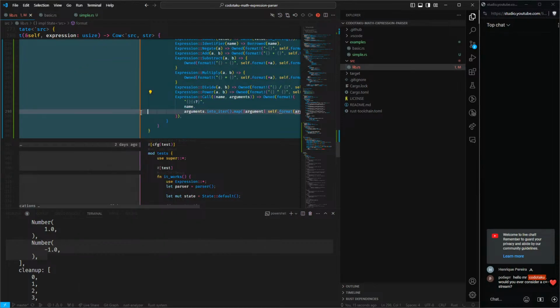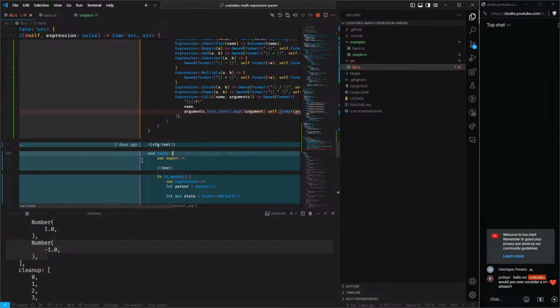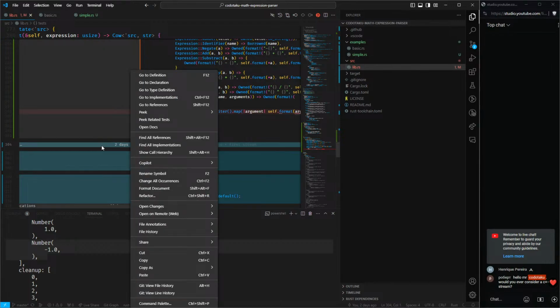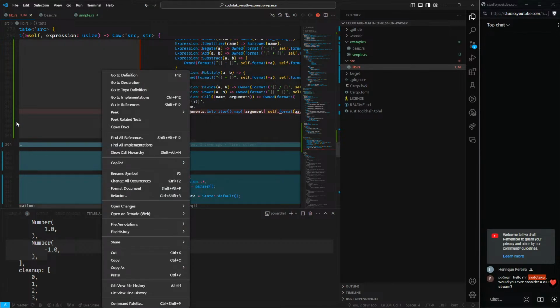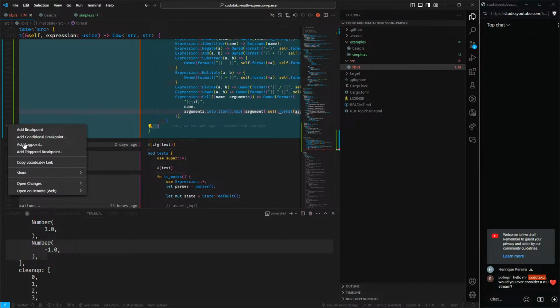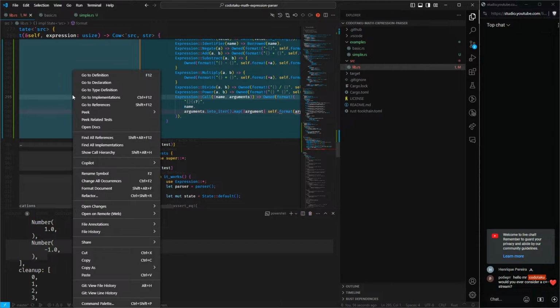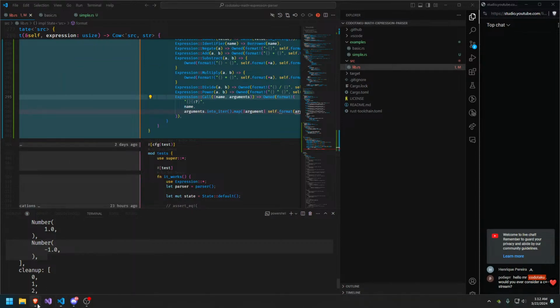What the heck? Man, this sucks so bad. There's only open here, there's no close. Such a bad UX, bro. Hold on.